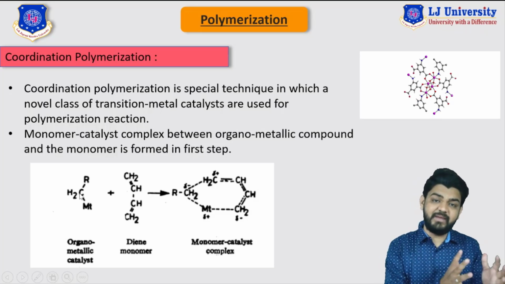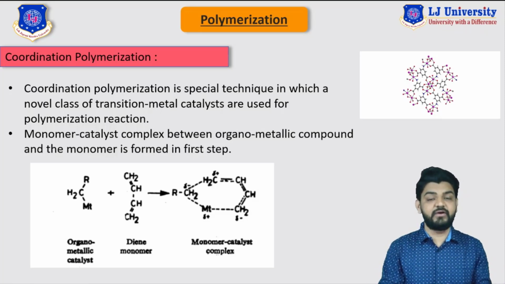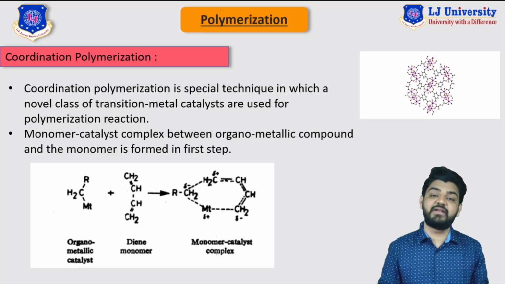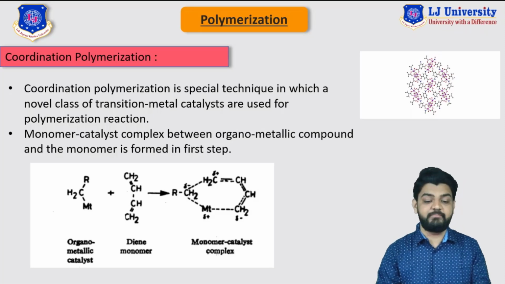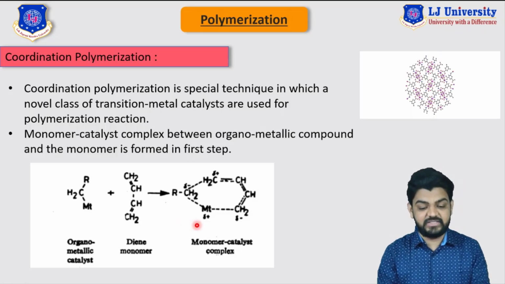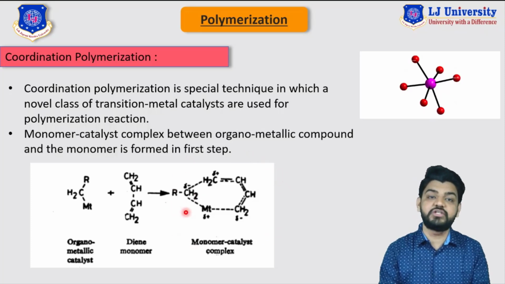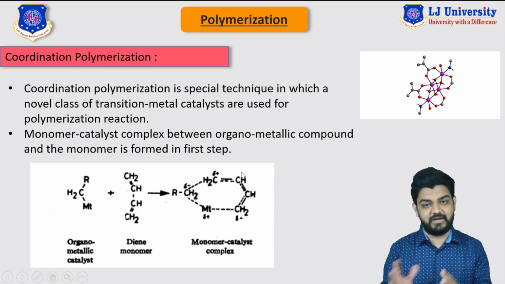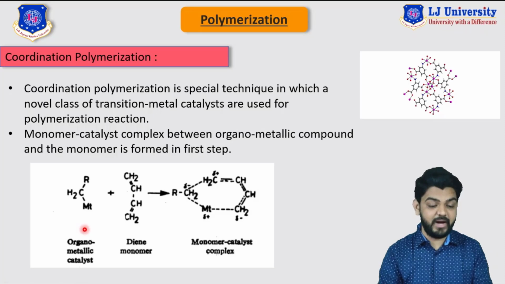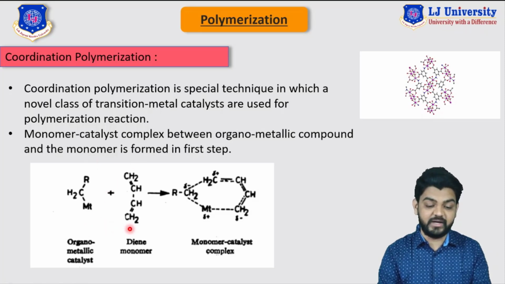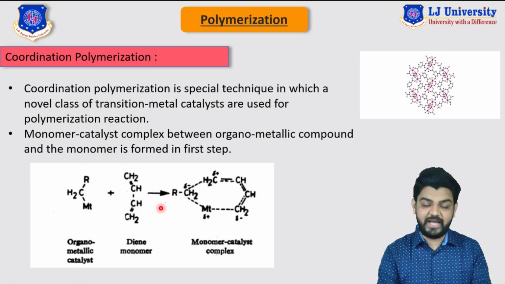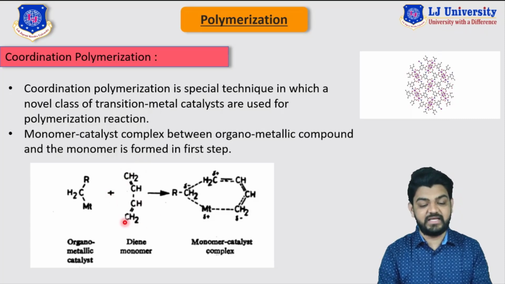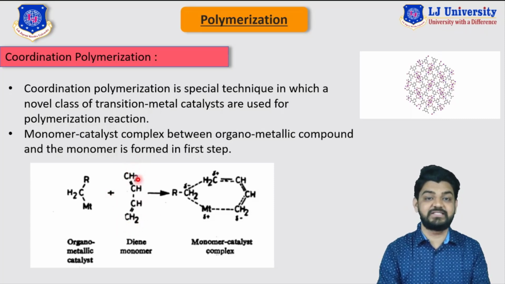Now, when this organometallic compound is joined with a monomer, it produces the catalyst that we are going to use throughout the process of coordination polymerization. You can see that this compound is now reacting with our monomer, isobutyl. Here we have used isobutyl as the monomer.